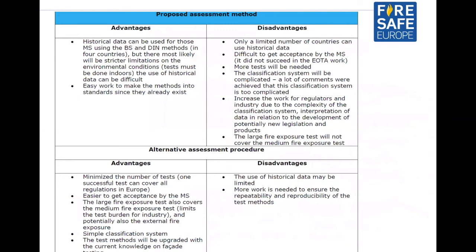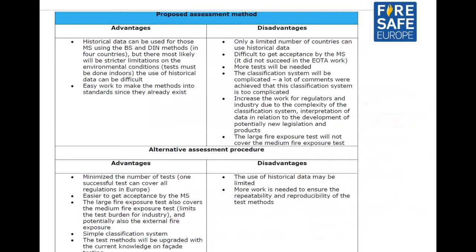And furthermore, the classification system will be quite complicated. And here we could see also in the comments we received during the project that a lot of comments were regarding the classification system. Many wanted a very simple classification system. With a complicated classification system, it will be more difficult also for regulators and industry to work with this.